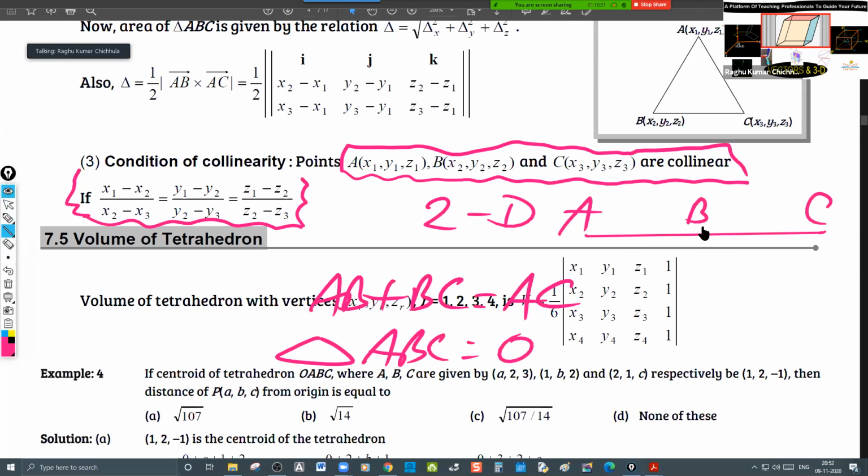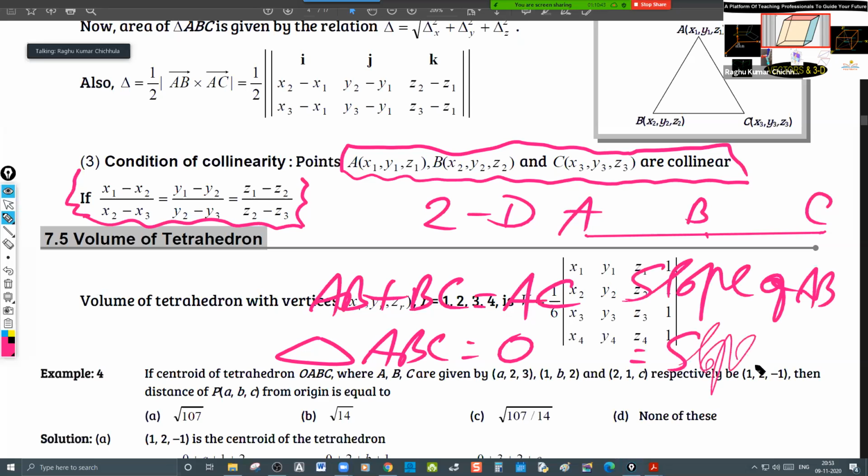Or otherwise, you know that you can find out the slope also. Slope of AB is equal to slope of BC.